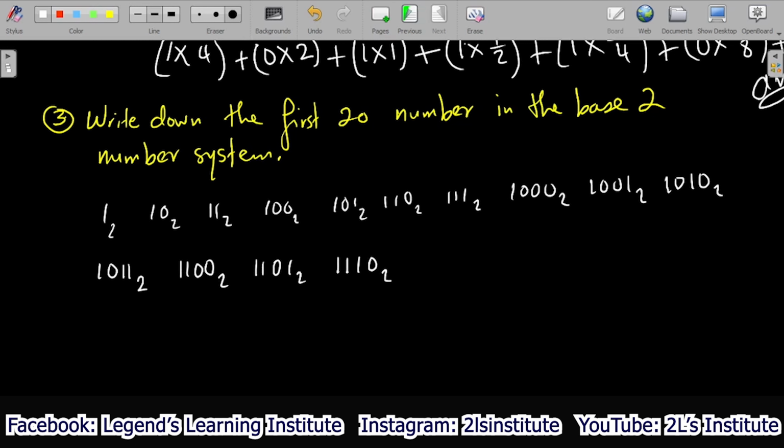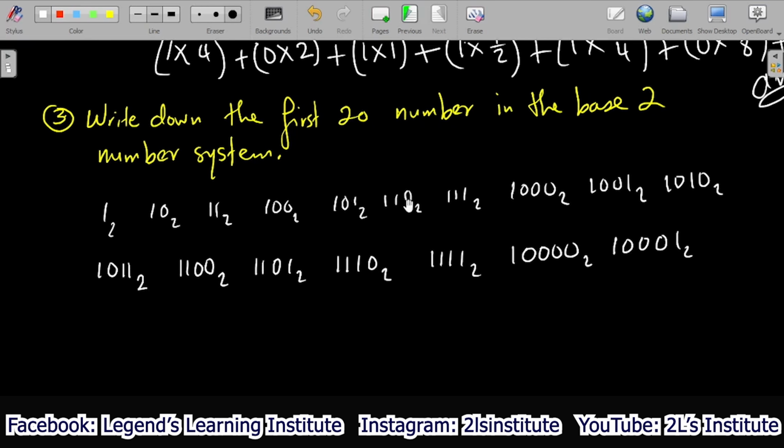Then the next one is 1 1 1 1 base 2, then 1 and 4 zeros base 2, right. Then 1 0 0 0 1 base 2. Let's count how many we have. So far we have 1 2 3 4 5 6 7 8 9 10 11 12 13 14 15 16 17.